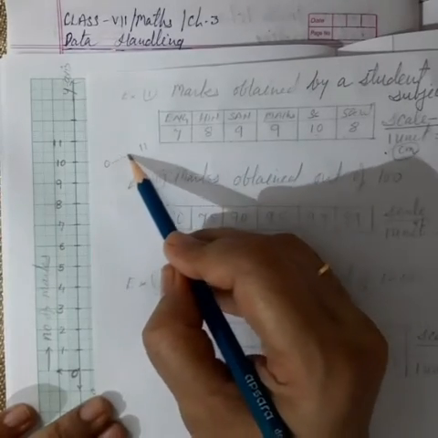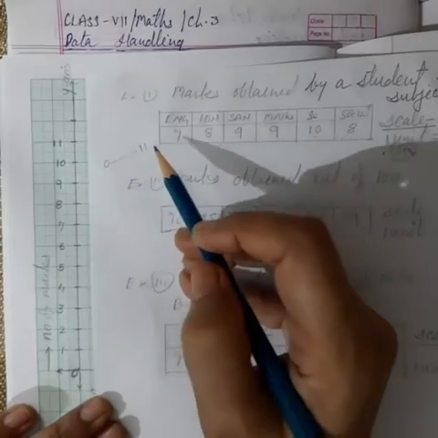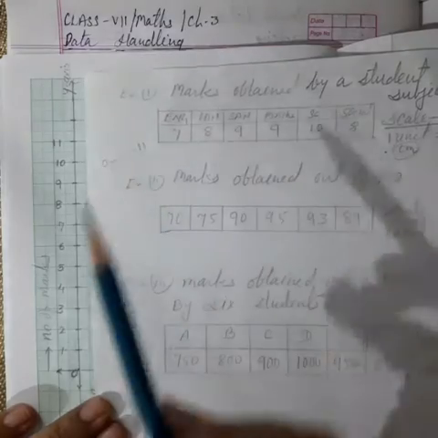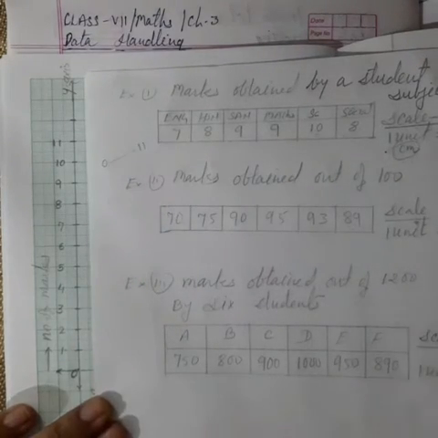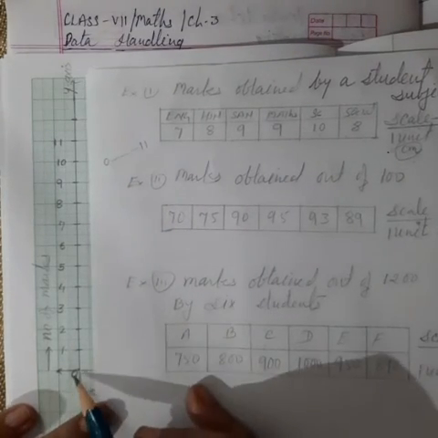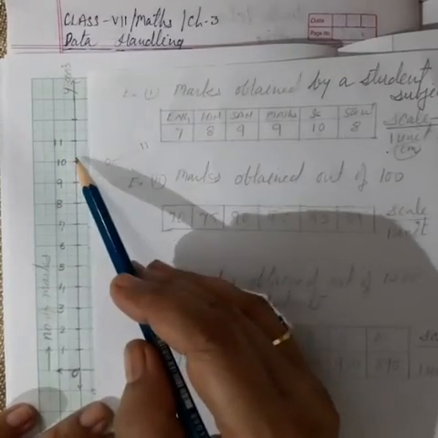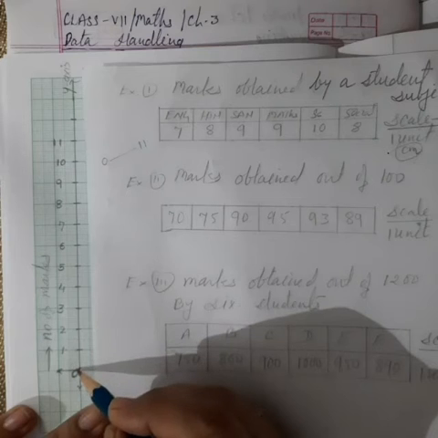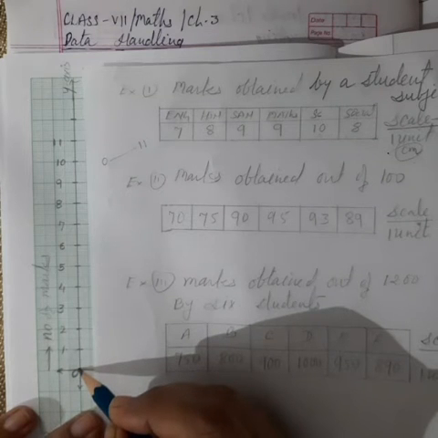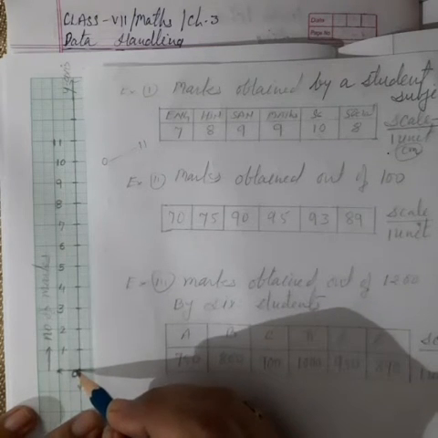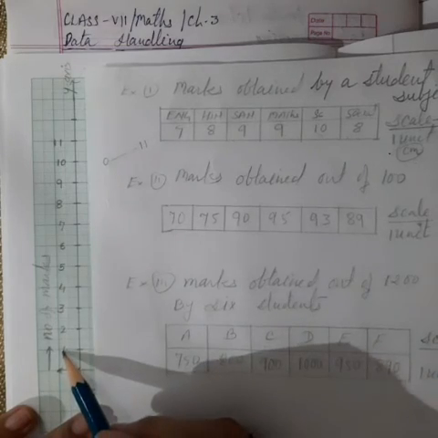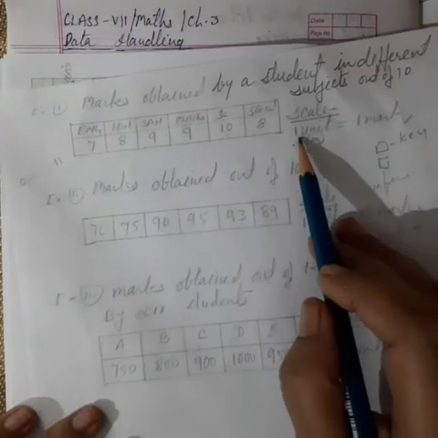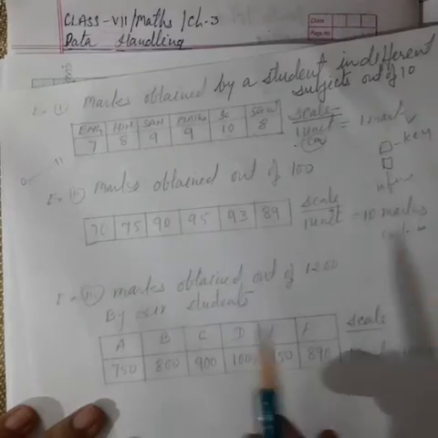So we will divide the 0 to 11 space into equal parts, and one part will be our 1 unit. Now see, this is 0 and this is 11, and all these parts are equal. So for this length on the graph paper, it is 1 unit, and for 1 unit we will take 1 mark. So our scale will become 1 unit equal to 1 mark.